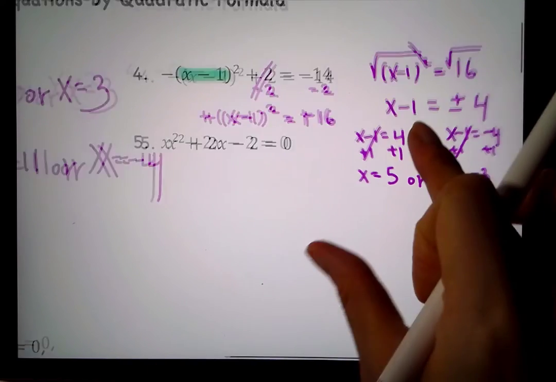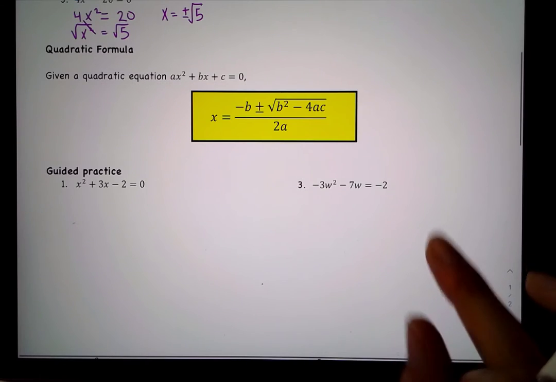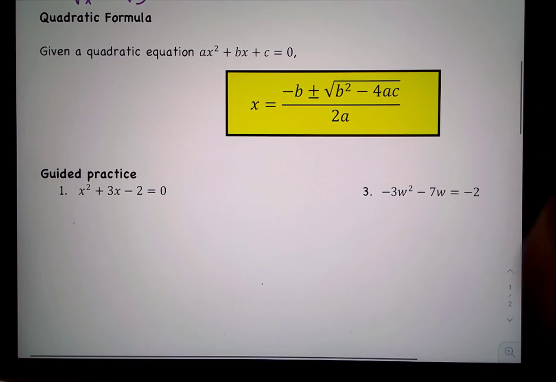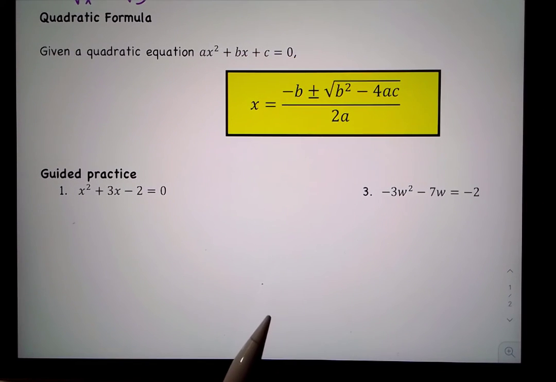Okay, so look, we will use the quadratic formula. This is a formula you need to memorize, but when you take the NJSLA test, they will give you the formula. So you don't have to, but for the SAT or our regular Algebra 2 class, I highly recommend memorizing the formula.